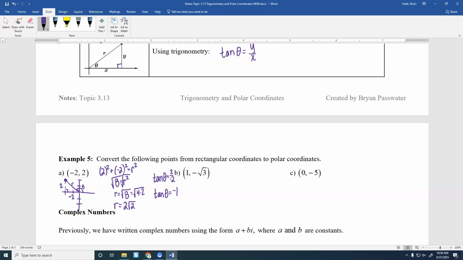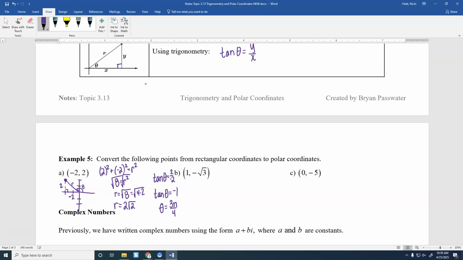What quadrant is our point in? Second quadrant. So we need an angle that's going to be in that second quadrant, right? So tangent, where does it equal negative 1 in the second quadrant? At 3 pi over 4. So our angle is going to be 3 pi over 4.